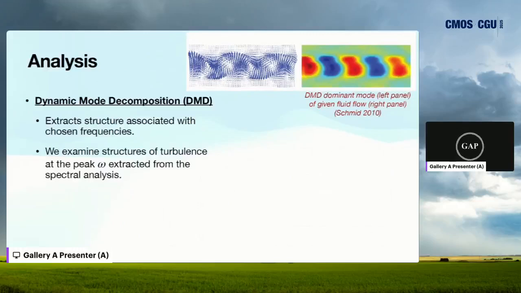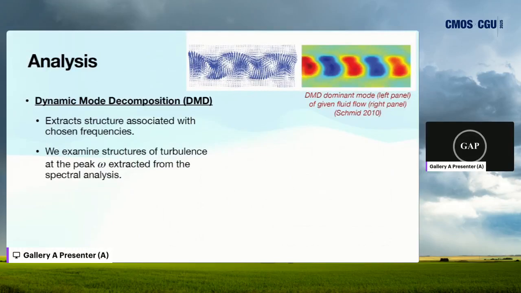How do we determine what is selecting these waves at this frequency within the turbulence? We use something known as dynamic mode decomposition, which is illustrated on that figure on the top panel. Essentially, you have the given fluid flow on the right, and you can decompose it based on its frequencies and extract, say, a dominant mode.